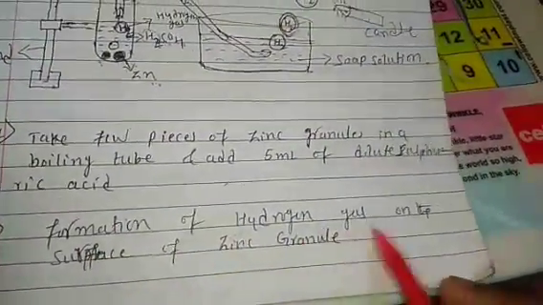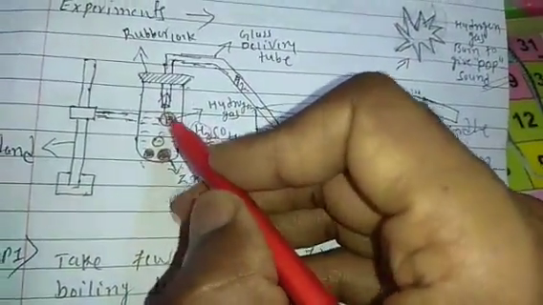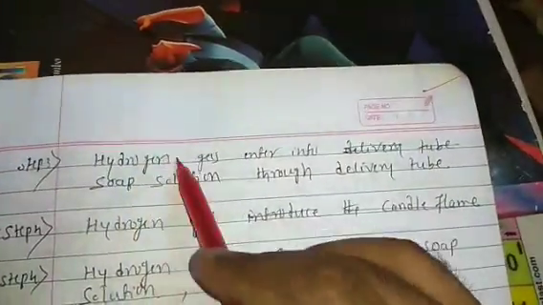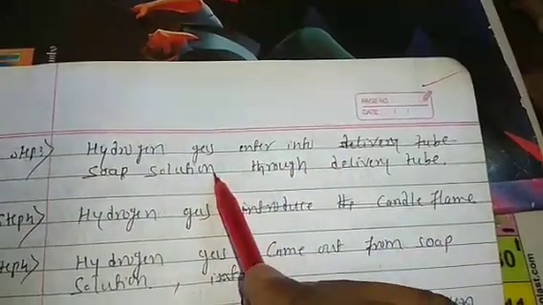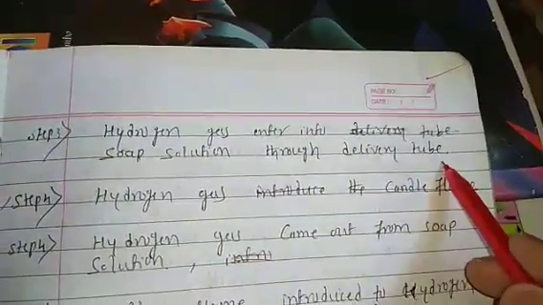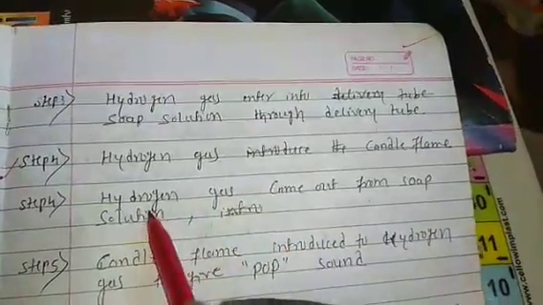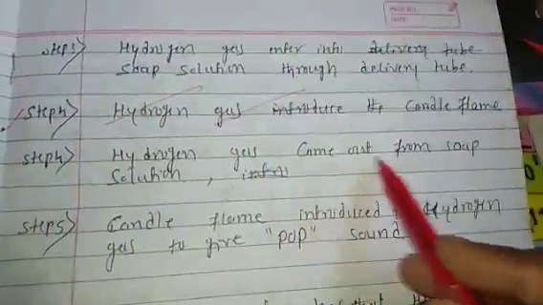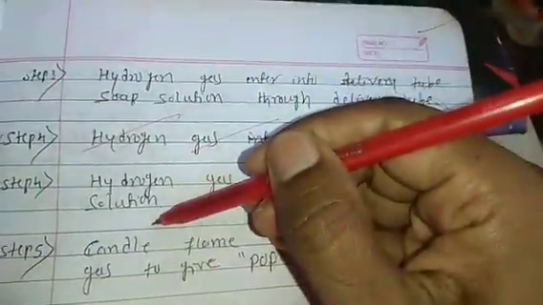The formation of hydrogen gas on the surface of zinc granules. The hydrogen gas is formed here. This is hydrogen gas. Right, students? Step 3: Hydrogen gas enters the soap solution through a delivery tube. First, hydrogen gas is inserted into the soap solution.